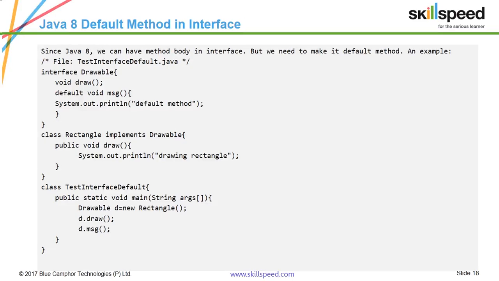Once I execute the program, I get the output as drawing rectangle from the implementation of the public void draw, and the default method statement printed from the default void message from the interface directly, whose method we have called in the class TestInterfaceDefault.